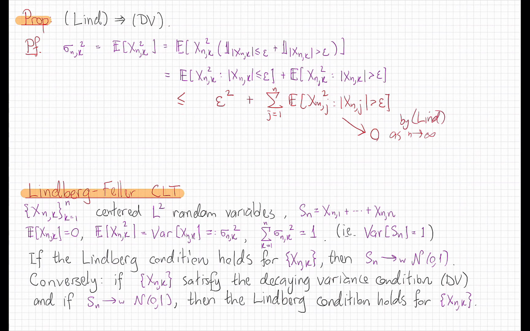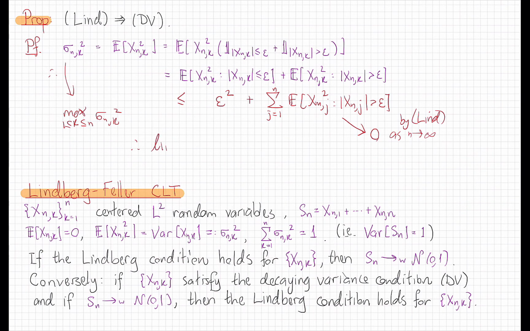And in particular, that means that this term goes to 0 uniformly in k between 1 and n. Therefore, by taking that sum, we also see that the maximum over all k less than or equal to n of sigma_nk squared is less than or equal to this, which is bounded by epsilon squared plus something that goes to 0.